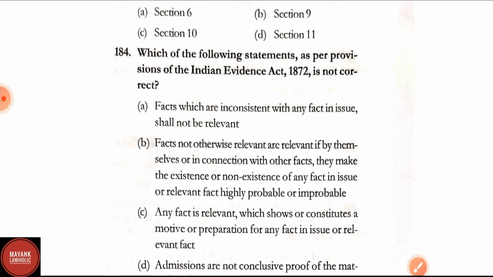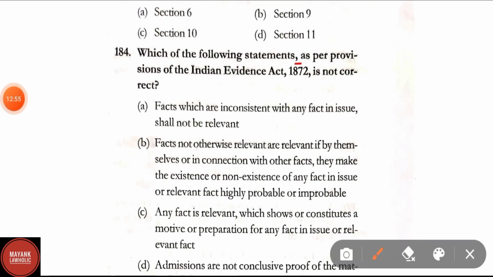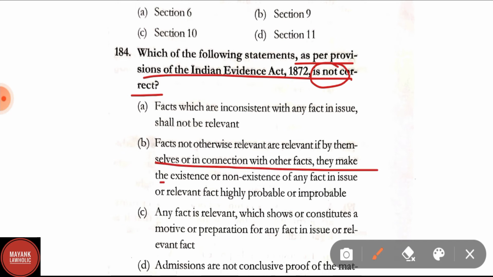Question number 184. Which of the following statements as per the provision of Indian Evidence Act is not correct? Option A, facts which are inconsistent with any fact in issue shall not be relevant. Option B, facts not otherwise relevant are relevant if by themselves or in connection with other facts they make the existence or non-existence of any fact in issue or relevant fact highly probable or improbable.